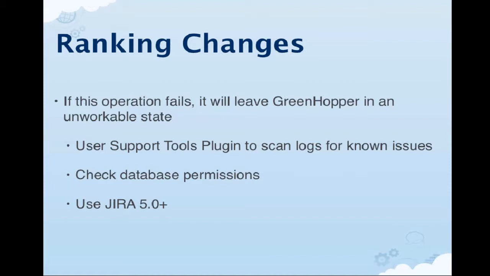There are a number of other small issues that we tied up throughout the course of the 4.4 bug fix releases, but we would recommend using JIRA 5.0 because that's had the most stable stuff put into it. It's also got, of course, the new stable API for Java plugins, which means that GreenHopper 6 will also work on 5.0 and 5.1. It'll be much easier for you to get the latest upgrades at that point.